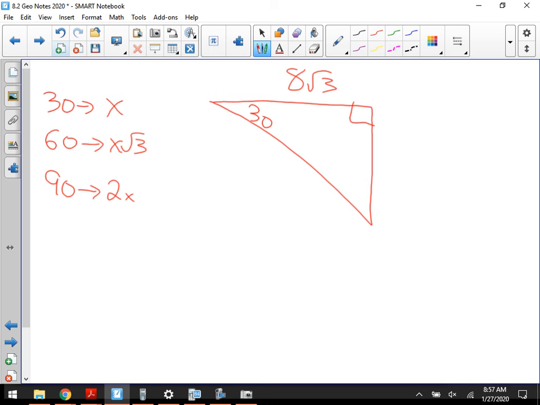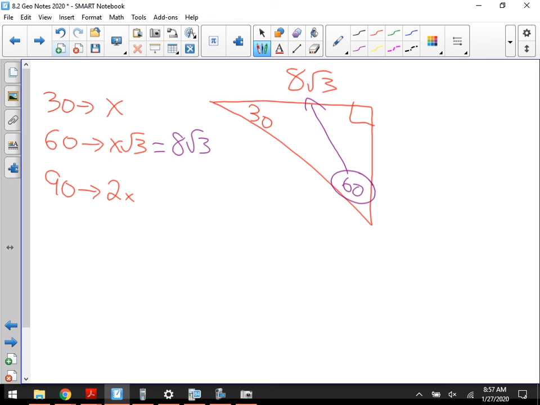So, looking at that picture, across from what angle do you know? The 60. I know that across from the 60, even though it's not labeled, this has to be a 60. It equals 8 root 3. Remember, this is just x times the square root of 3. How do you undo multiply? Divide.